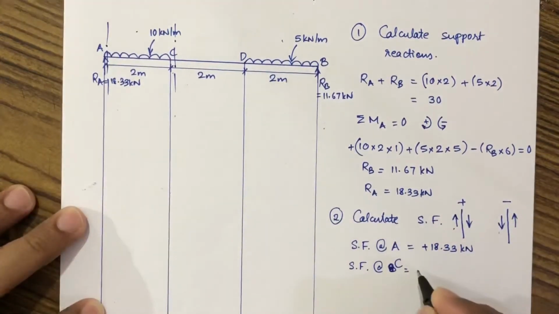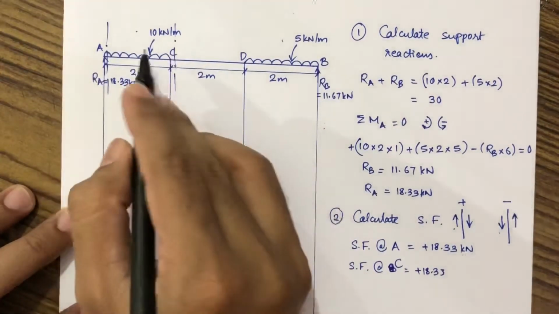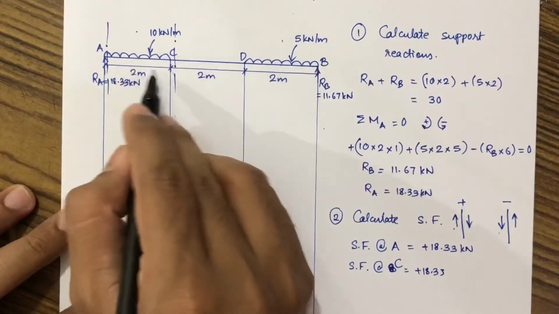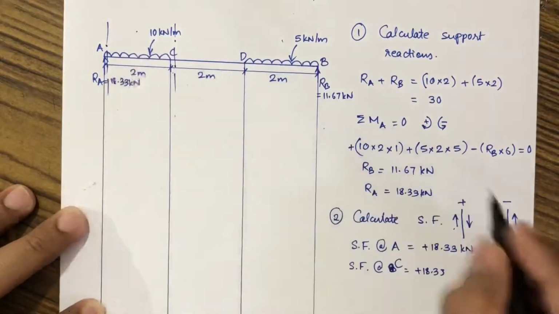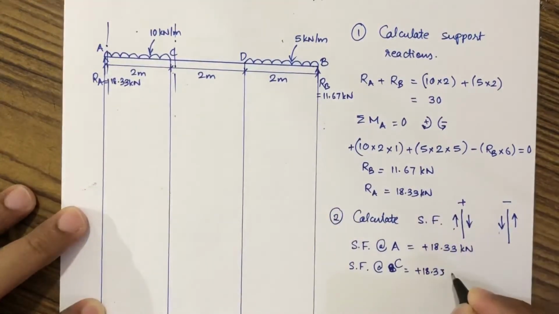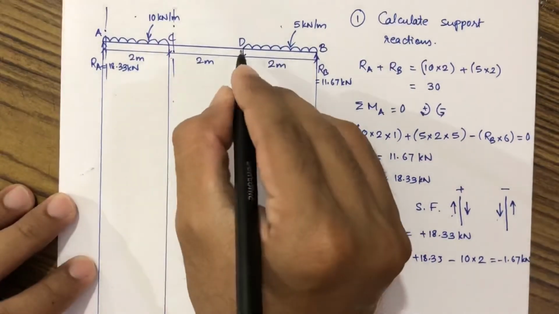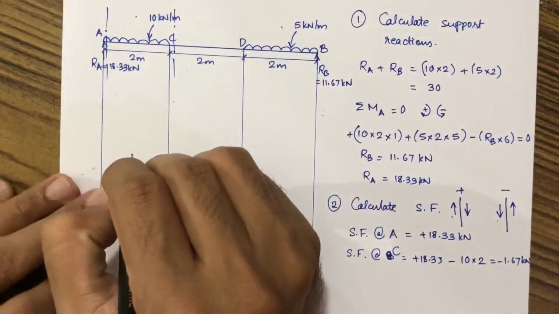So this will be plus 18.33. Here there will be a point load of 10 into 2, that is it is moving downwards, so it will be minus. So minus 10 into 2. This value comes out to minus 1.67 kilonewton.